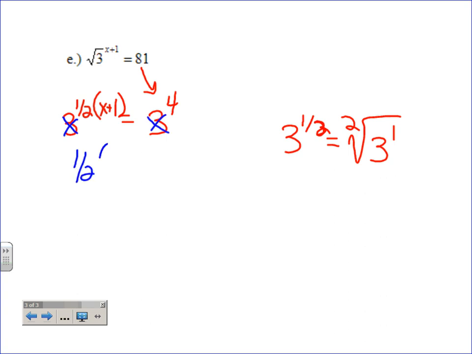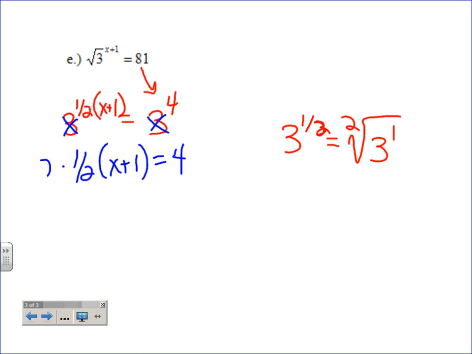So in other words, this has happened. There's actually something, you have 2 options now. You can distribute the 1/2, but I think there's a better option in this case. We could divide by a half, but dividing by a half is the same as multiplying by 2, right?